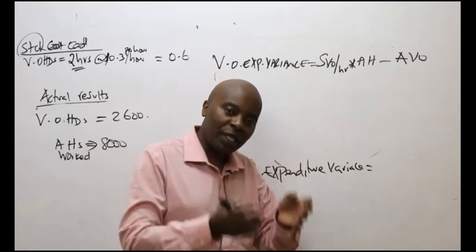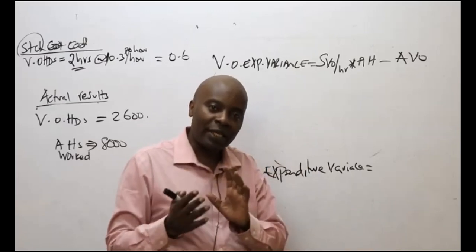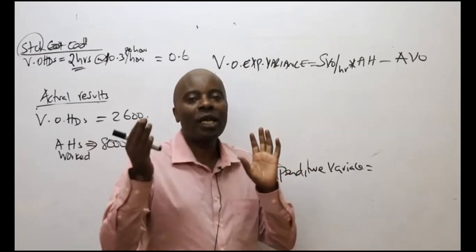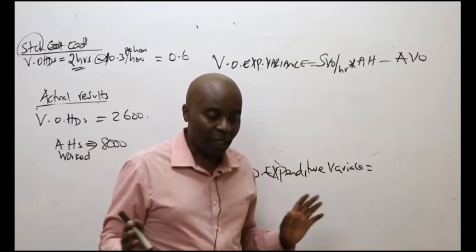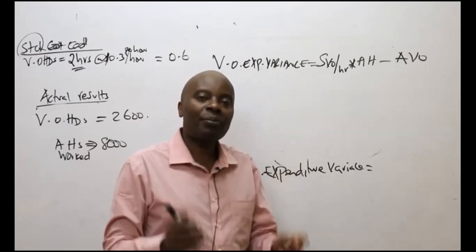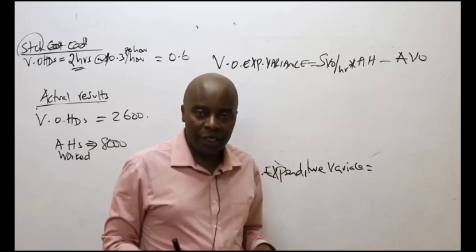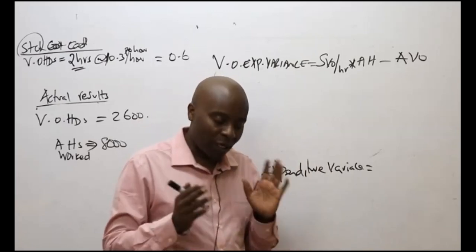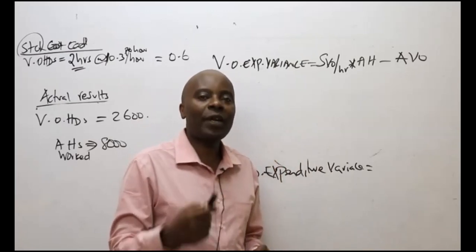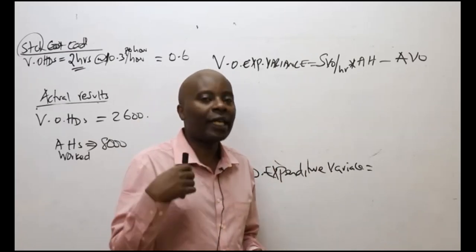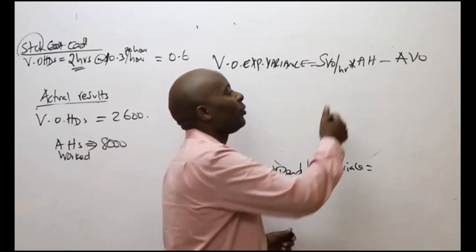Remember what we said, that labor rate variance, actual hours paid, are only used to compute labor rate variance. Nowhere else do we use them. Actual hours paid are bad hours. Otherwise, the effective hours that every firm will be happy about are the actual hours that were worked.